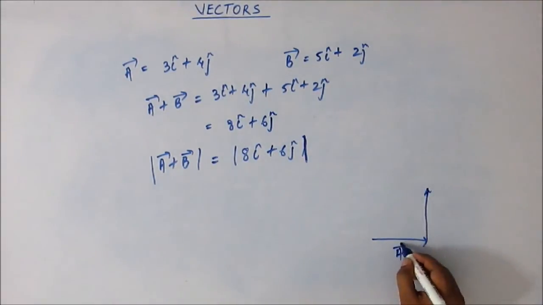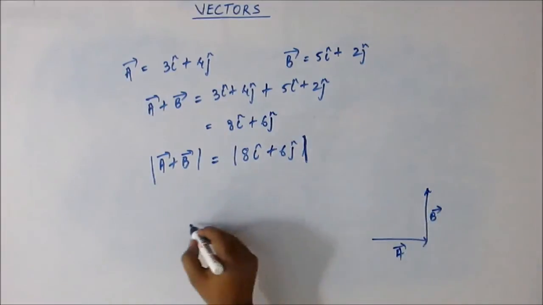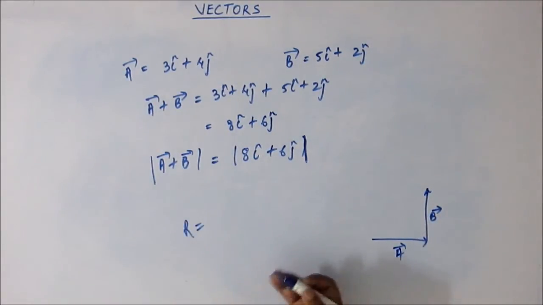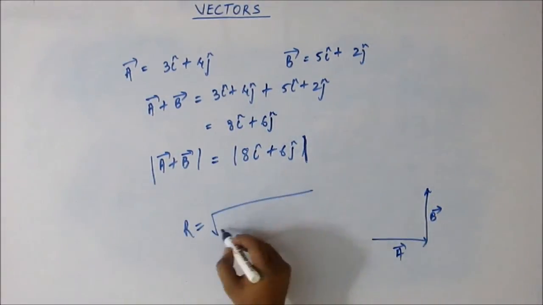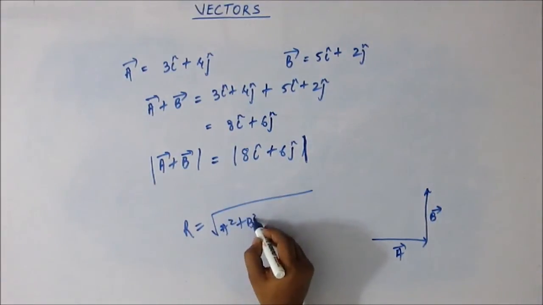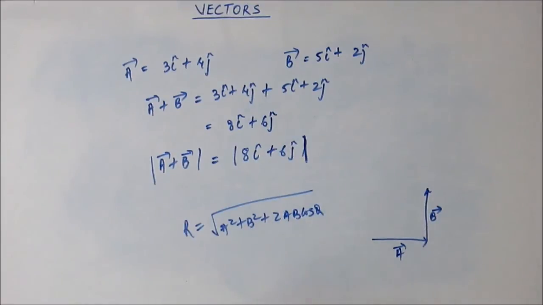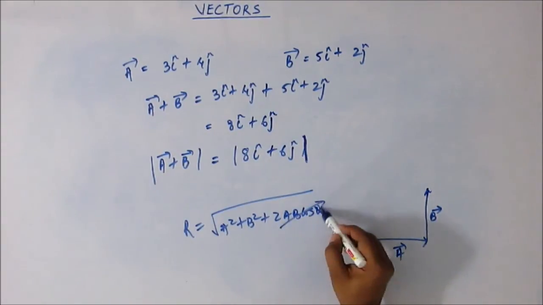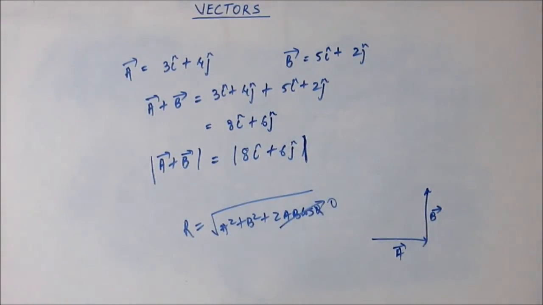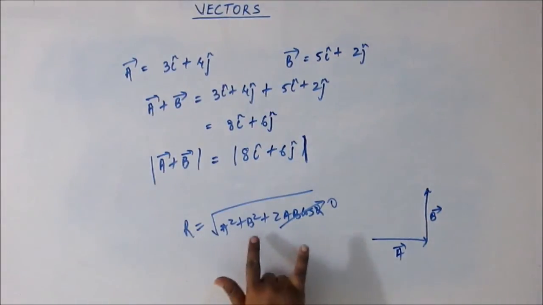The formula for magnitude of the resultant vector is root over A square plus B square plus 2AB cos phi. Now when these two vectors are perpendicular, this term becomes 0 because cos 90 is 0. So it is simply root over A square plus B square.